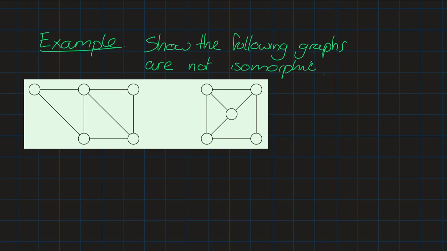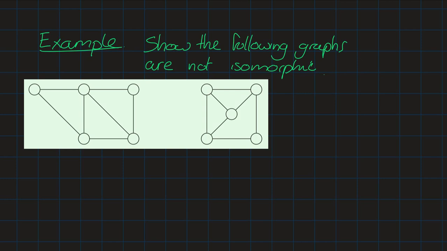Well, on the left you have 1, 2, 3, 4, 5, and on the right you have 1, 2, 3, 4, 5. So they have the same number of vertices. Do they have the same number of edges? 1, 2, 3, 4, 5, 6, 7 on the left, and on the right 1, 2, 3, 4, 5, 6, 7. So they have the same number of edges. Now this isn't sufficient for them to be isomorphic. Okay, so we can't conclude anything yet.